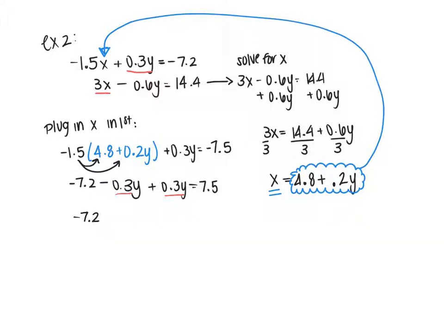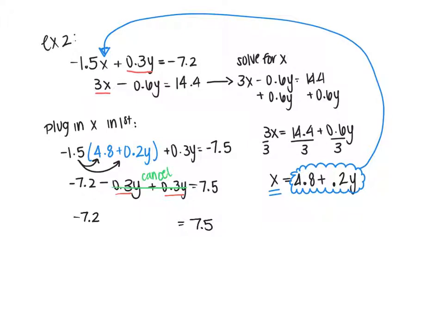You notice when I combine those, I've got negative 0.3 and positive 0.3y. Those are actually going to cancel out and give me 0. So I can cross through those because those cancel, which leaves me with just equals 7.5.